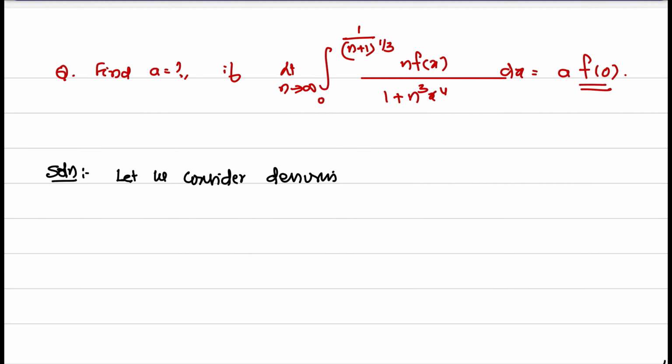Let us try to simplify. Let x is equal to some t divided by n to the power of 3 by 4. We are taking this value.